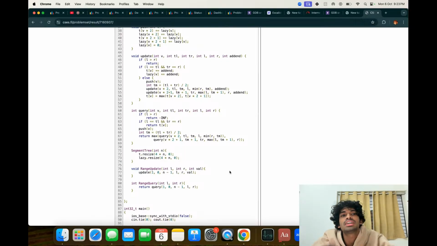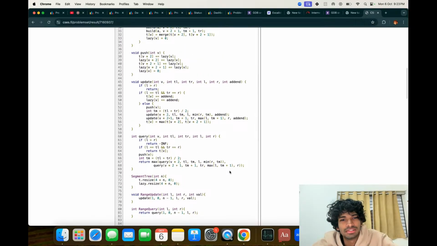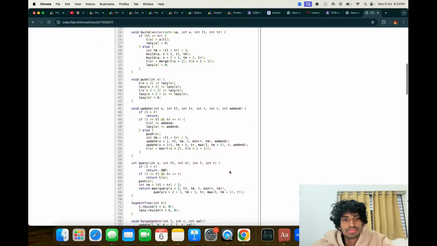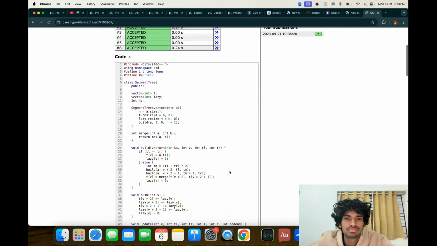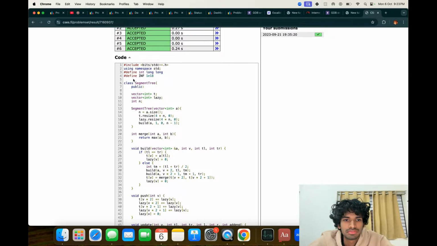Wait, if I can just get range minimum, is that done? So if I can get range minimum, I can know the first negative value. That's it, right? I can binary search to see the first negative value, right? Yeah, that would be enough.